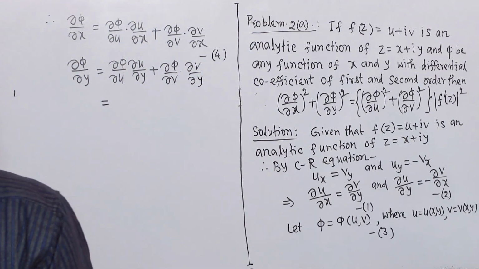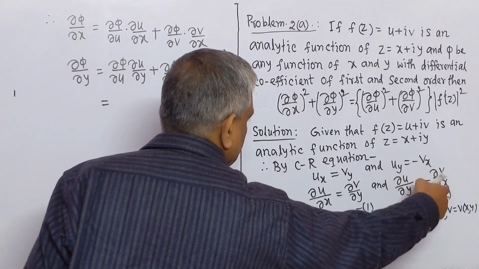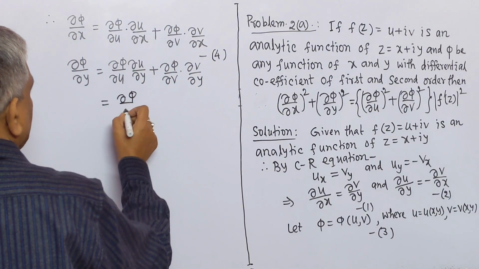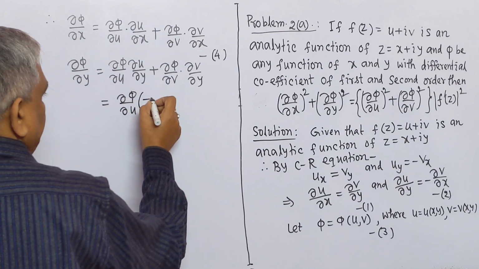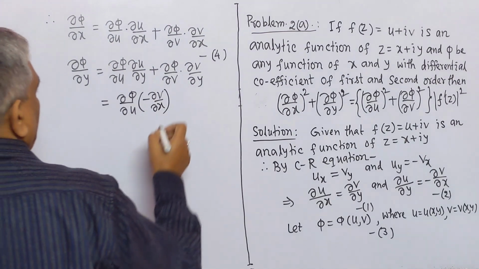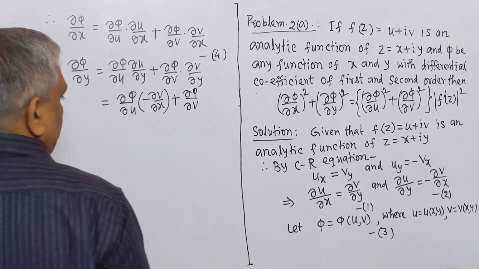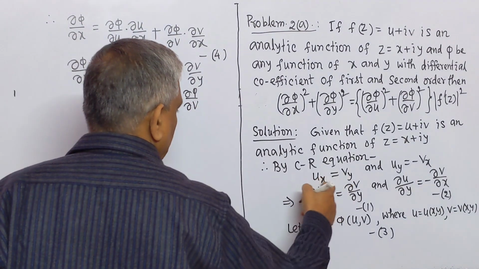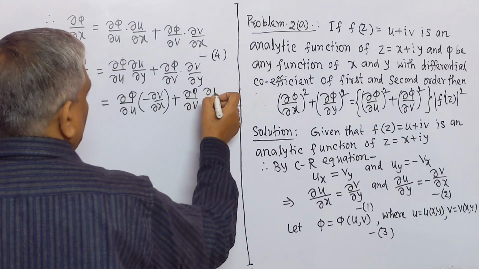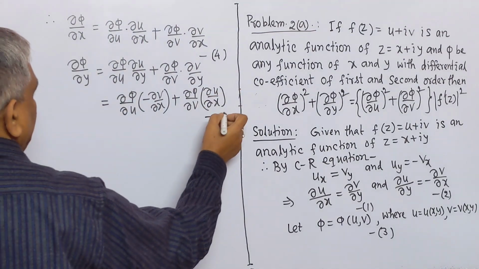This equals, since uy equal to minus vx from 2, we may write del phi by del u multiply minus del v by del x, plus del phi by del v, vy is ux, multiply del u by del x. This is number 5.